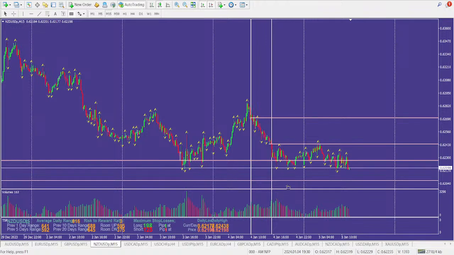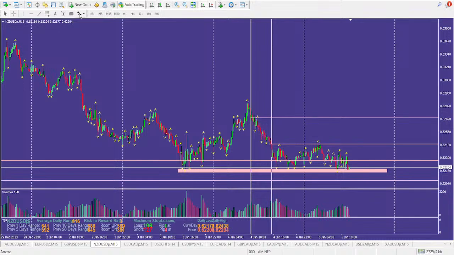we've got price testing our demand level over here, demand number 1. Okay, price is consolidating at this level, so we're going to be looking for potential buying opportunities at demand level number 1 over here. So that's where we're going to look to buy on NZDUSD.